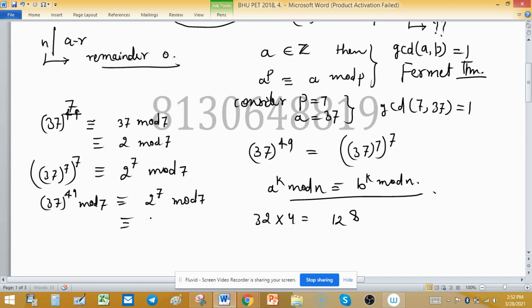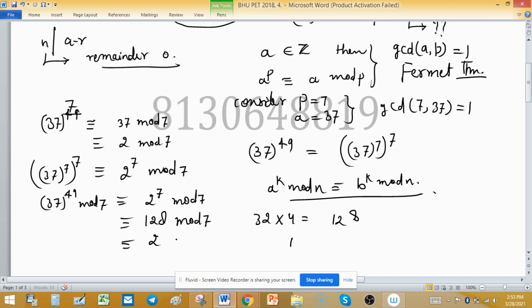This is the same as 128 mod 7. Divide 128 by 7 and see what remainder is left. 7 times 1 is 7, 58, 7 times 8 is 56.